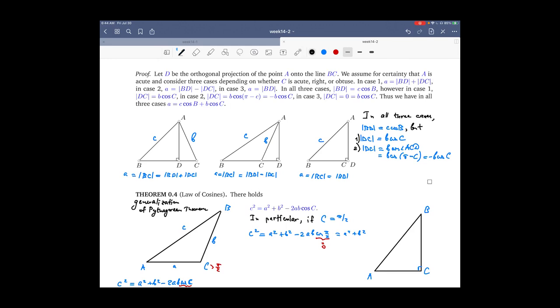And in case 3, DC is simply 0, and I can write this as b times cosine C, because cosine C in this case is 0, because C is pi over 2.